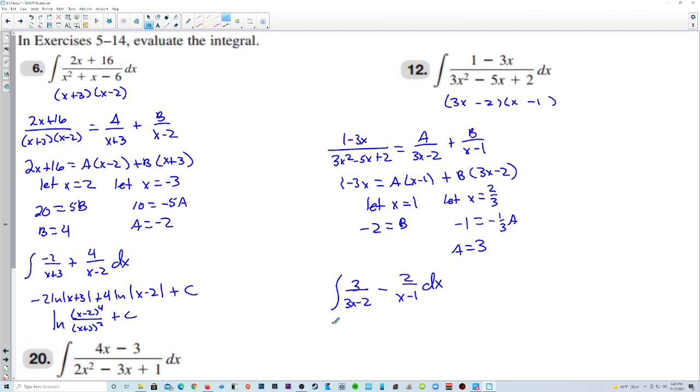This is going to be the natural log of absolute value of 3x minus 2, because when we take the derivative of this, we'll get that 3 when we multiply times the derivative of the inside. Minus 2 natural log absolute value of x minus 1 plus c. So we have natural log of the absolute value of 3x minus 2 over x minus 1 squared plus c.